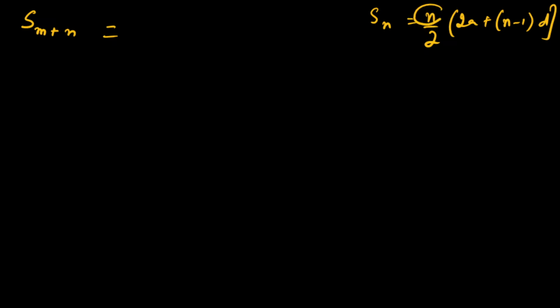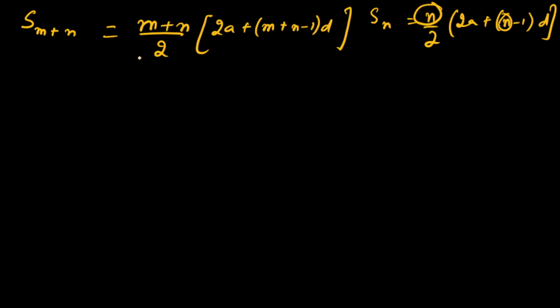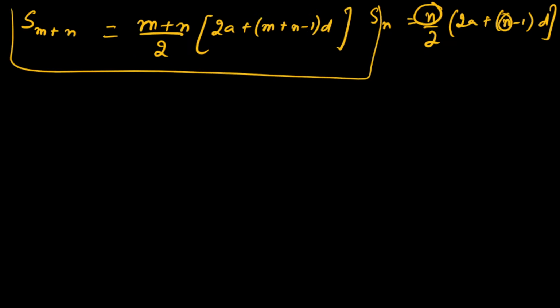If I write the formula of Sn, it is n by 2 into 2a plus n minus 1 into d. So wherever n is there, we just have to replace n with m plus n. So here what I'll get now is m plus n by 2 into 2a plus m plus n minus 1 into d. So I need something of this kind.